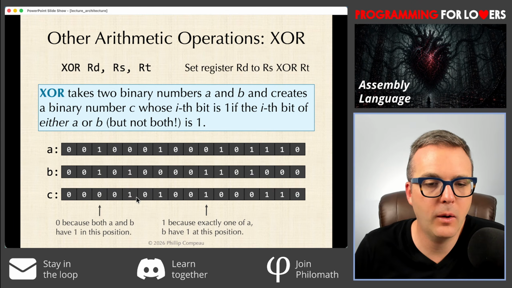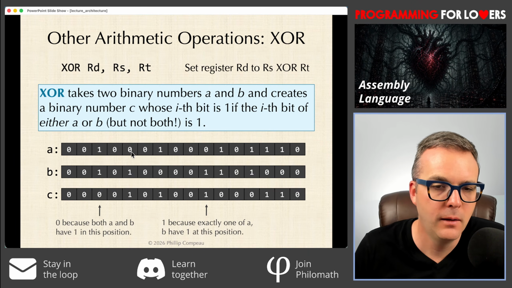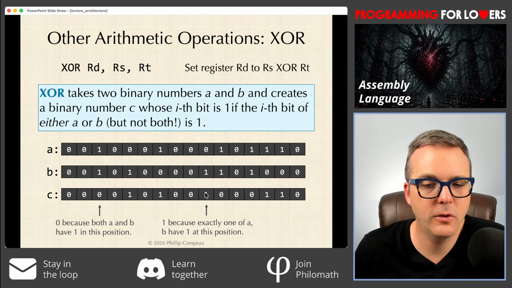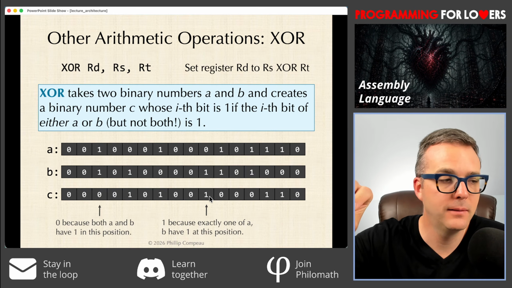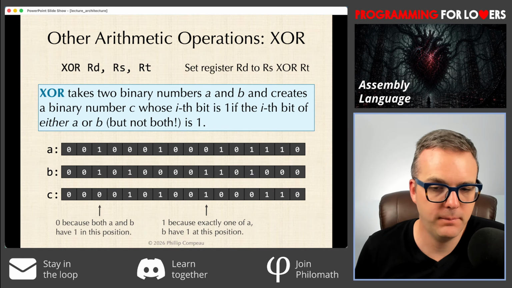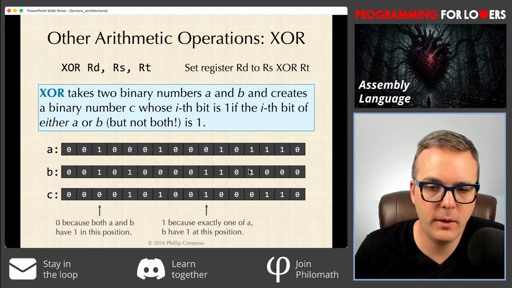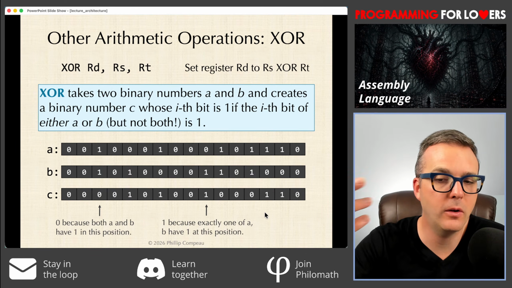So you only get ones in the case that you have a 1 in exactly one of the two positions. Here you have a 1 for B and a 0 for A. So in each of those cases, you have a 1 in that bit in that position of C. But again, if you have both of them equal to 1, that's no good. So it will evaluate to false.